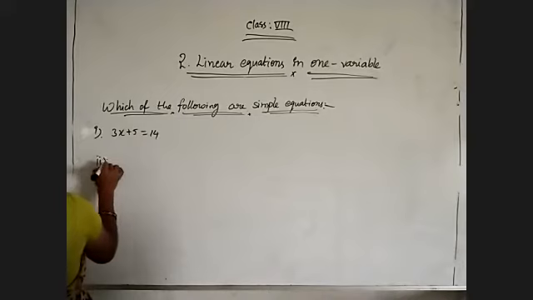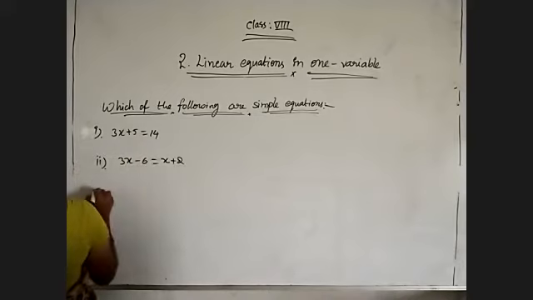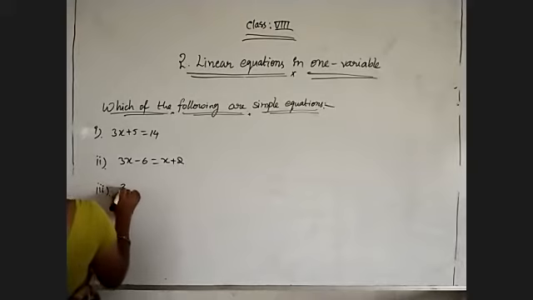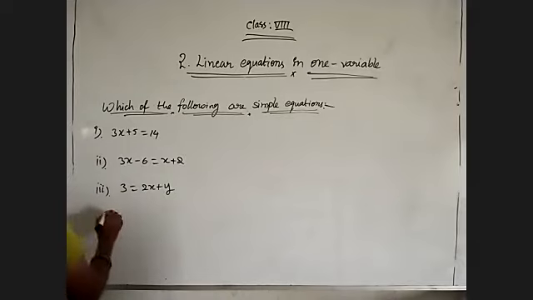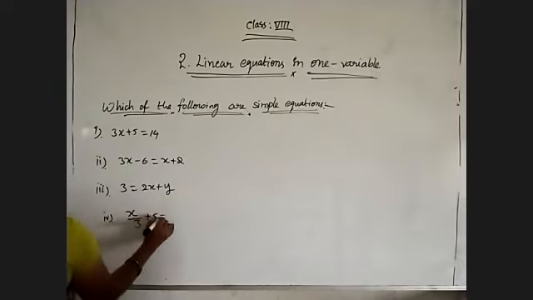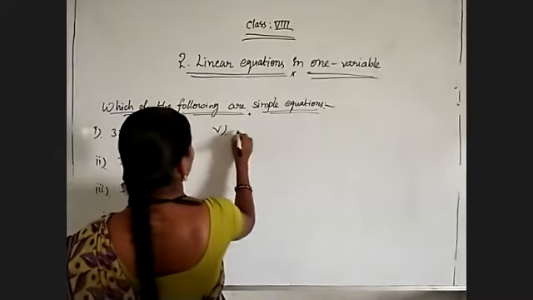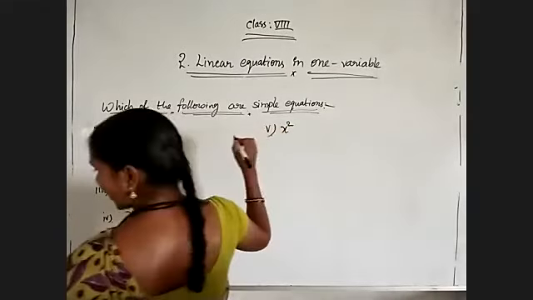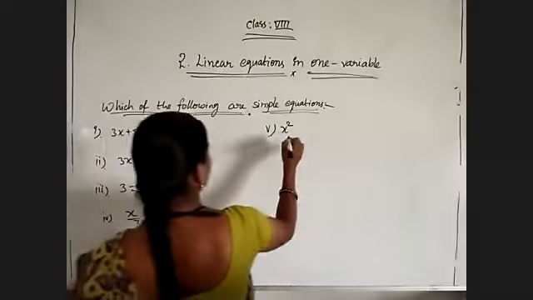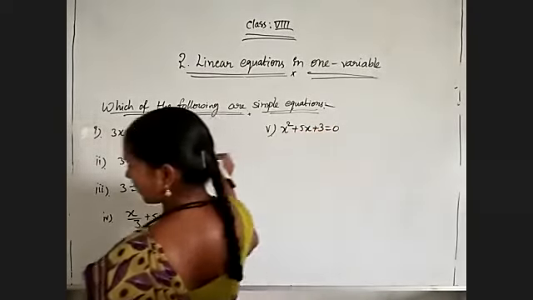My second question is 3x minus 6 is equal to x plus 2. My third question is 3 is equal to 2x plus y. My fourth question is x by 3 plus 5 is equal to 0. And coming to the fifth question, x square plus 5x plus 3 is equal to 0.